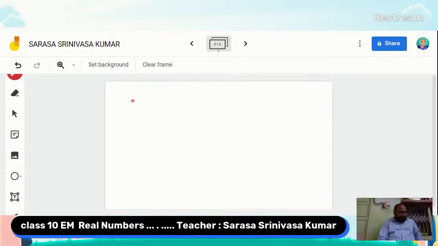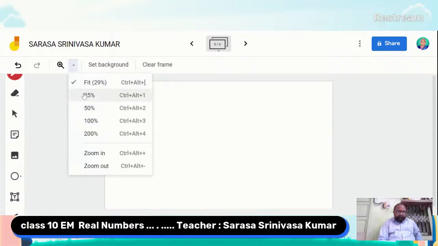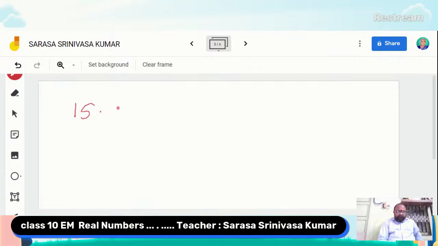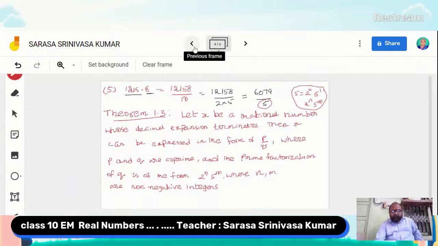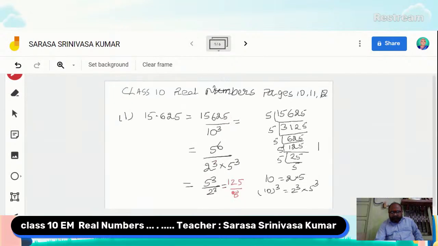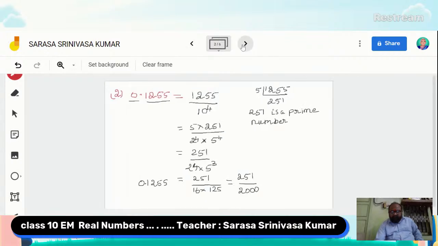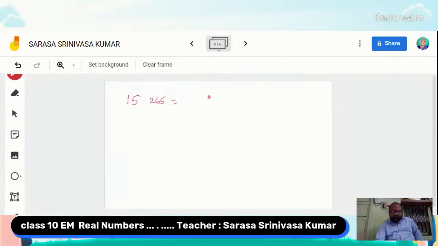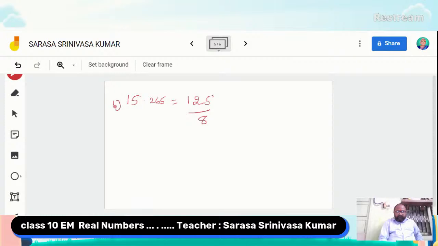The first example is 15.265, which is equal to 125 by 8. This is the first example.